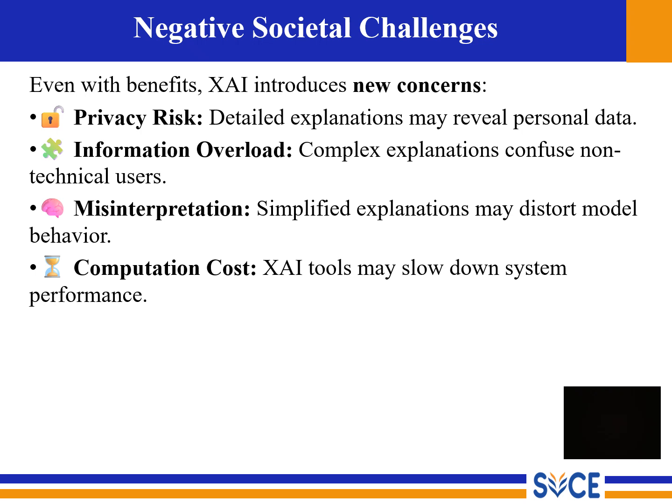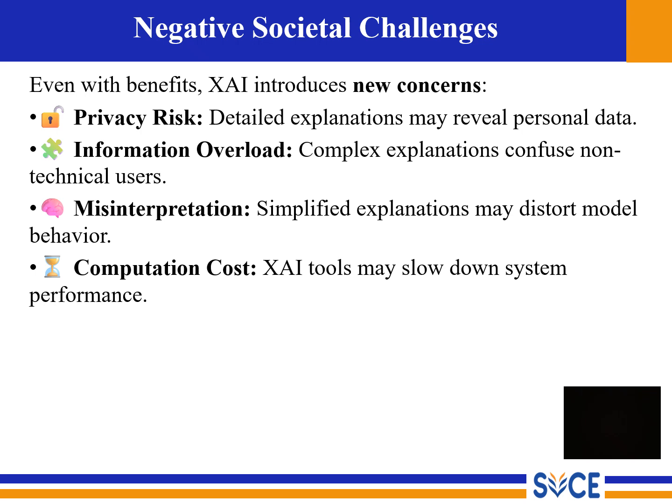For example, if AI says loan rejected because salary is 25,000 and area is XYZ, that's private information. The second one is information overload, which means some explanations are too technical. If we show a long graph to a non-technical person, they will get confused.